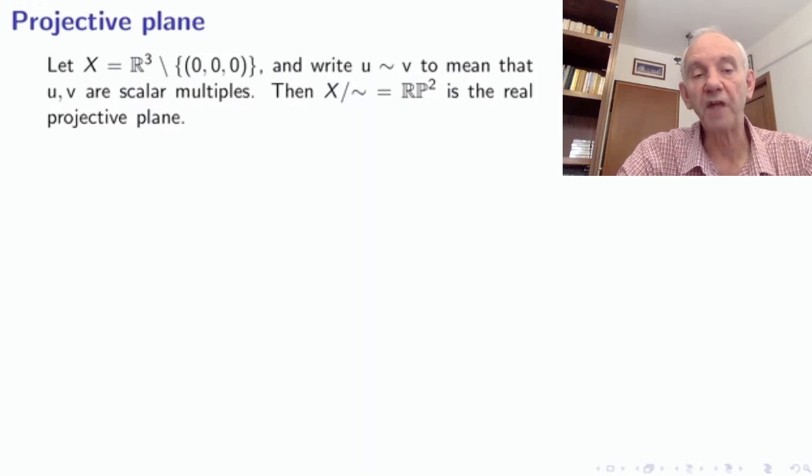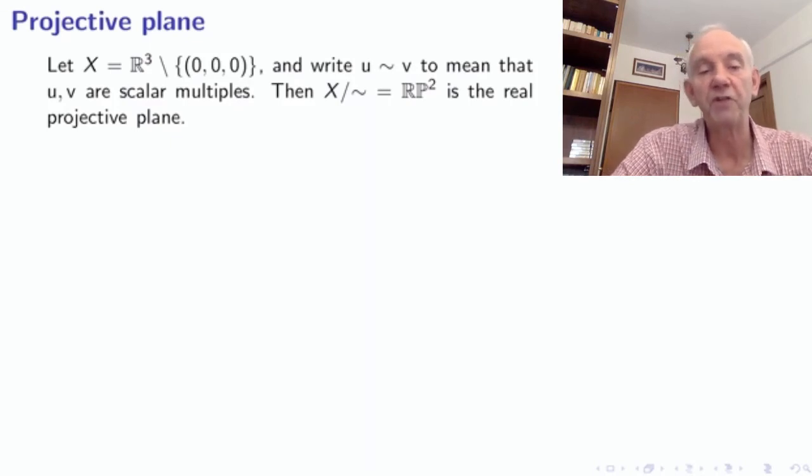So I defined it from the two-sphere, but another, perhaps more usual way of defining the projective plane, or you can adapt the definition to define any projective space, is that you take X to be R3 minus the origin, and you say that two non-zero vectors in R3 are equivalent if one is a multiple of the other, if they're scalar multiples.